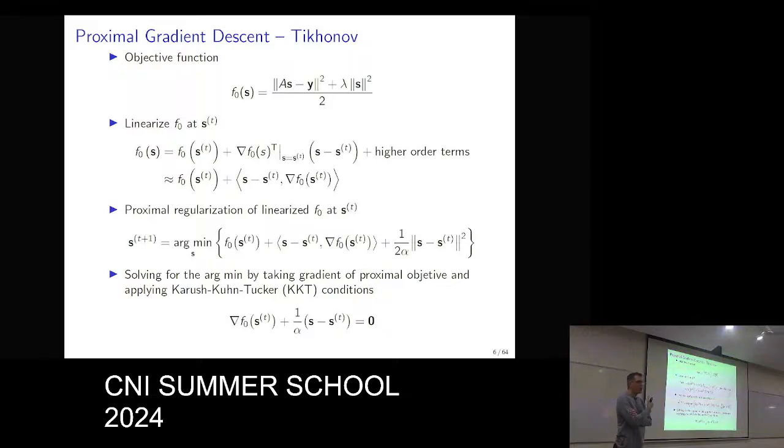So I want to look at the same problem, but I will look at it in a slightly different way. I will look at it in the context of proximal gradient descent. And specifically, we're looking at proximal gradient descent not to solve this problem. We already have the answer. We did it on the previous slide.